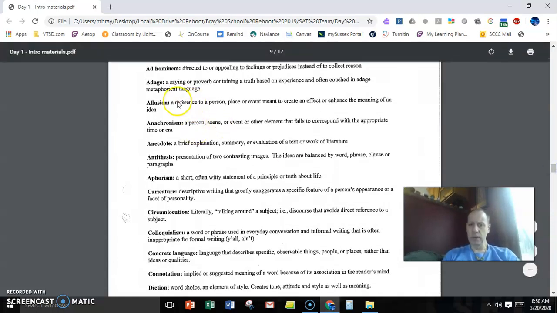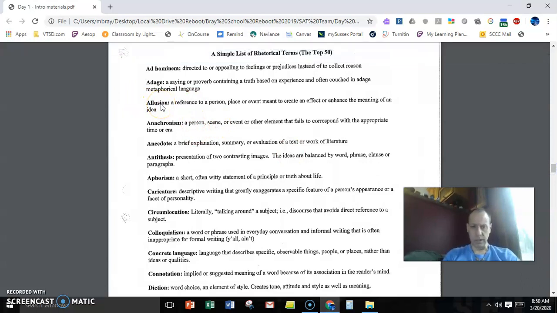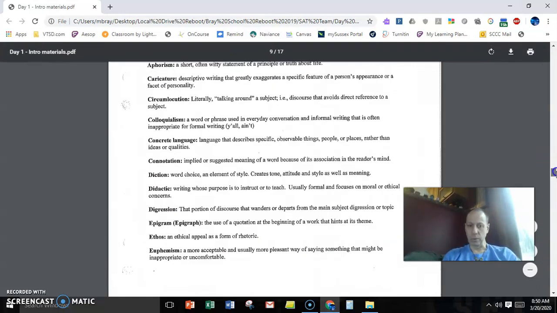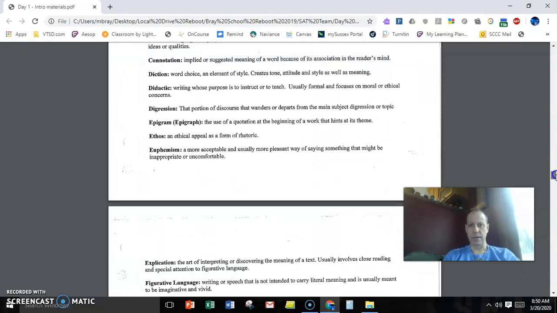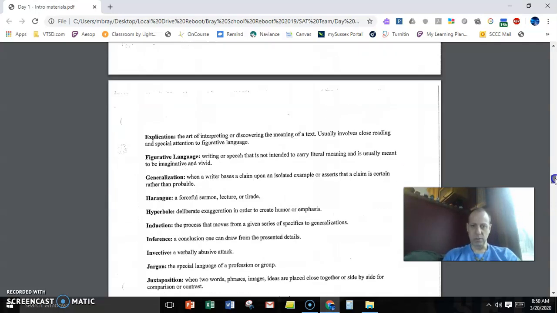So if you know what an allusion is, a reference to another work, then you're good. If you know what colloquialism is, and this one's used a lot, if you know it means informal conversation, usually appropriate to a geographical area, then good. That's a good one. A euphemism is when we say something in a kinder, nicer way. An easy one to identify.